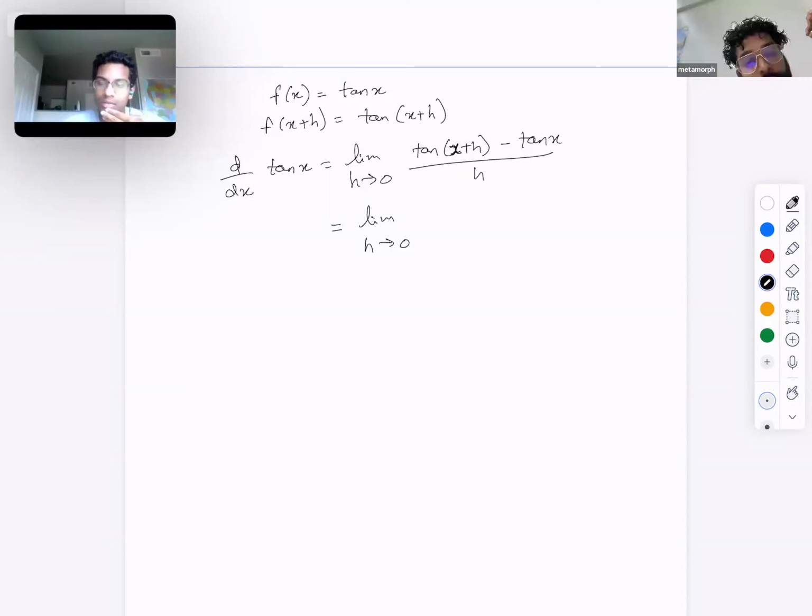So this becomes sine (x plus h) over cos (x plus h). Why am I even writing this? You know this, this is very elementary. So that makes it sine (x plus h) over cos (x plus h) minus sine x over cos x, over h.